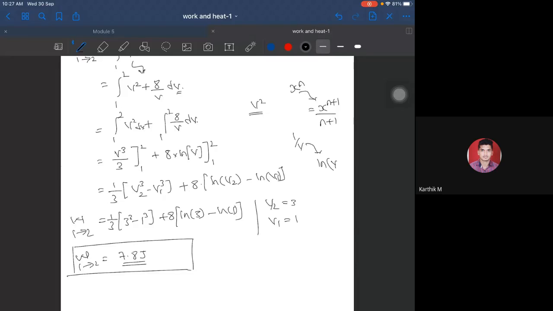Is it 17.4? Karthik, yes, 17.45. So just check the answer given by Karthik, whether it's right or wrong.